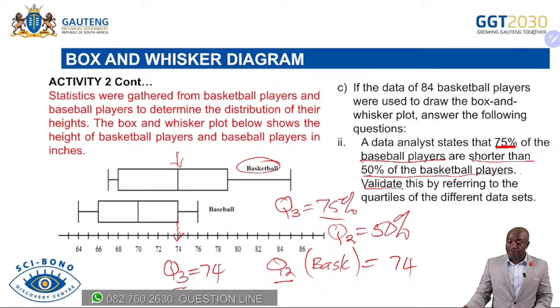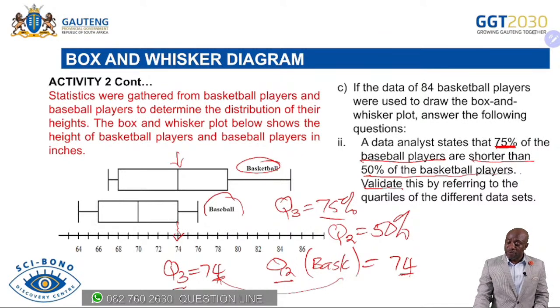And this is what we have done. Now, let's validate the statement. So, if basketball players have a Q2 of 74, that means half of the basketball players are actually below 74. And now look at the Q3 for the baseball players is 74. That means 75% of the baseball players are actually below 74, which then makes them shorter than half of the basketball players.